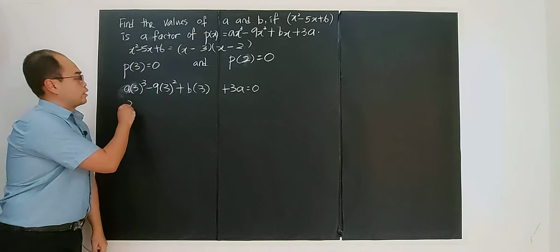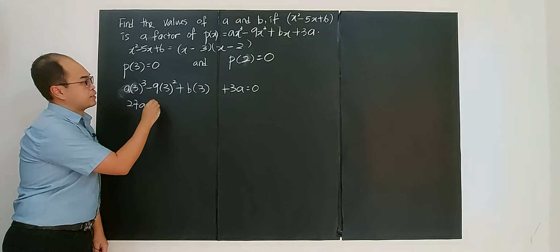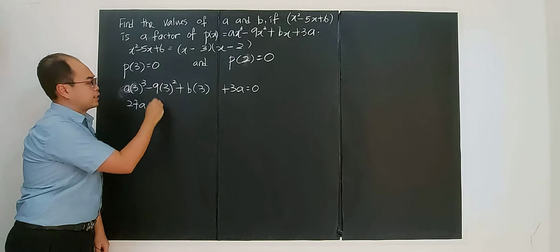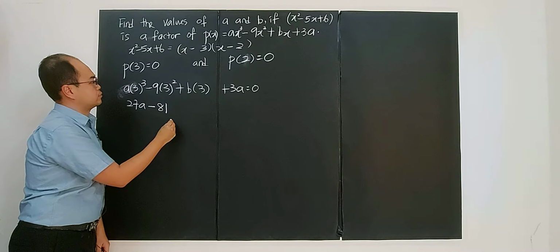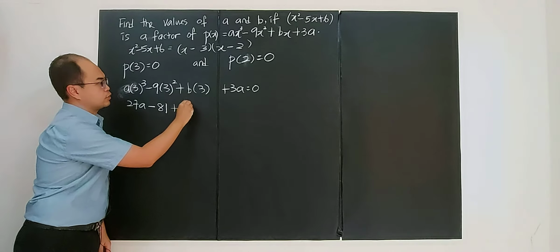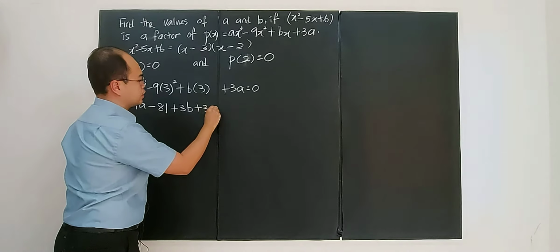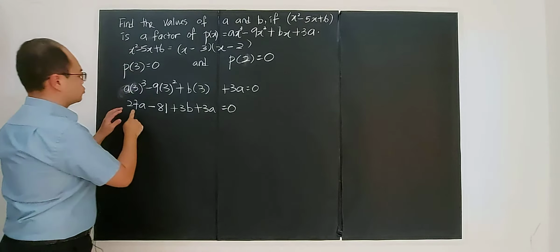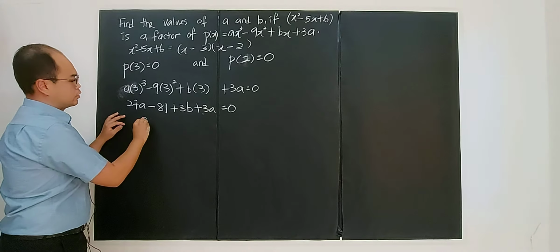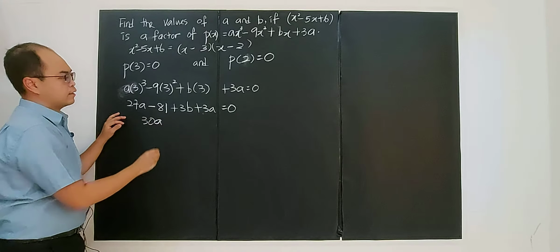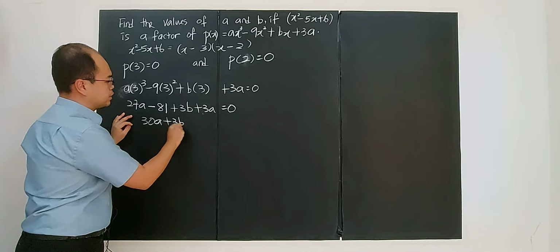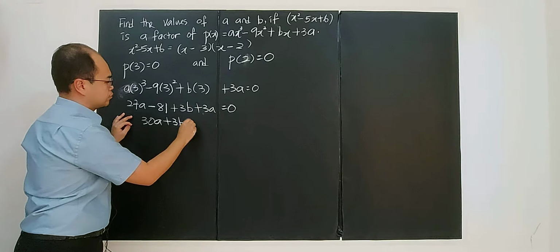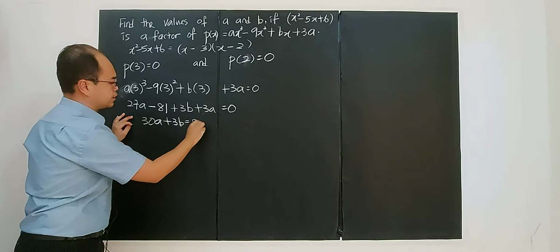Alright, so we have 27a minus 81 plus 3b plus 3a equals 0. 27 plus 3, you have 30a plus 3b, plus 81 both sides, you have 81 here.